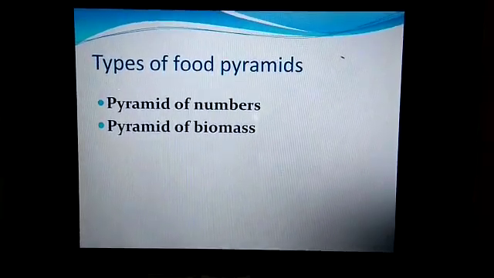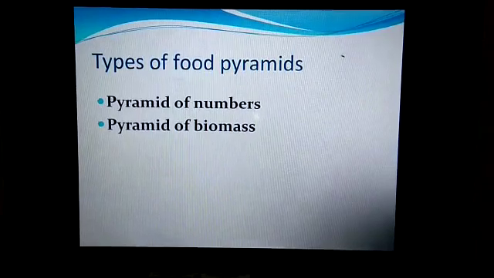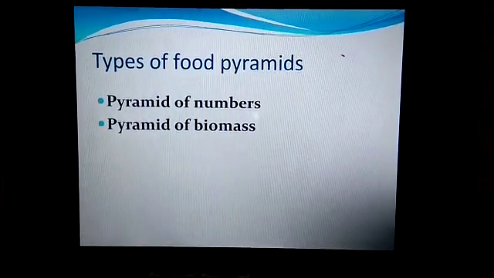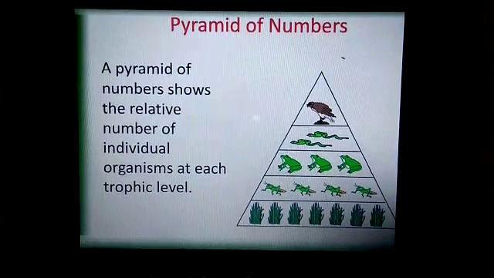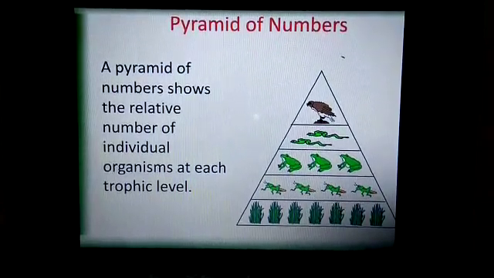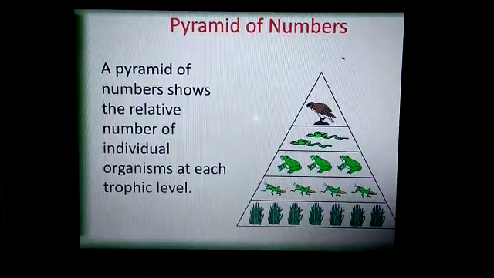Now the types of food pyramid. Food pyramids are of two types: pyramid of numbers and pyramid of biomass. First, let's see the pyramid of numbers. A pyramid of numbers shows the relative number of individual organisms at each trophic level.